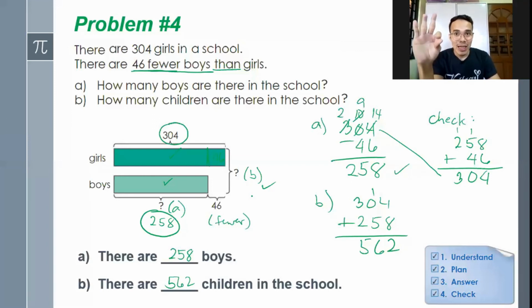And 3, letter A, answer. You answer, you add, or you subtract in order to get the answer. Okay? And your decision should be based on the model you have drawn. And number 4, you check if your answer is correct.